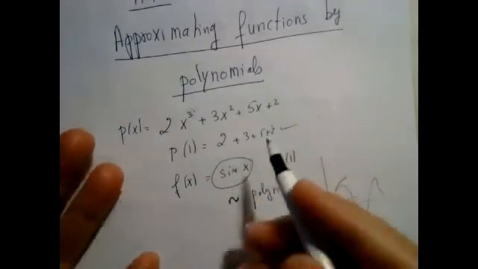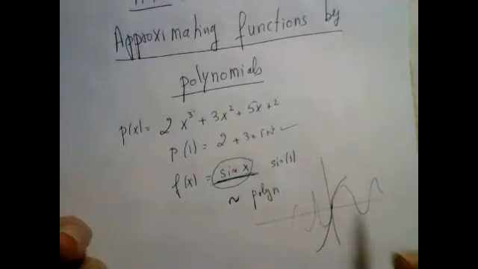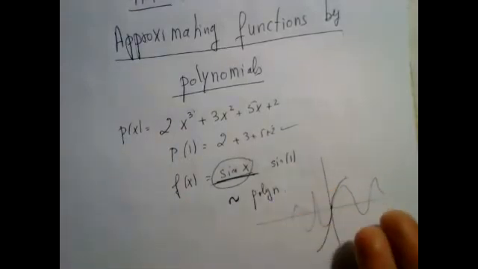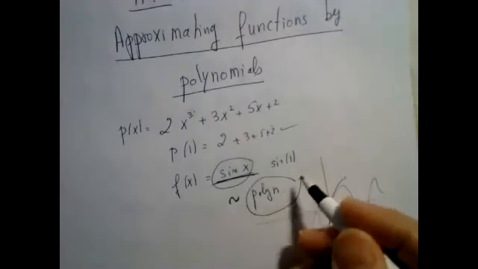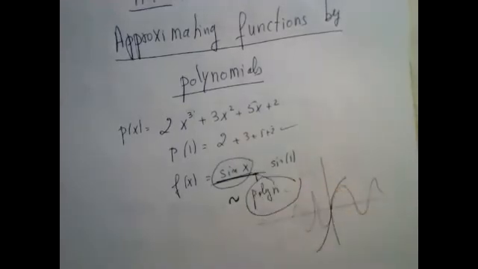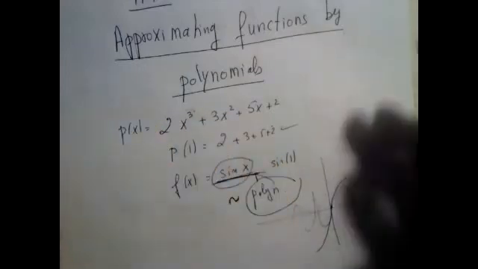Even physicists do that a lot: instead of working with the sine, which is a very complicated function, we do an approximation of it by a polynomial and work with the polynomial instead. That's the idea of approximating a function by a polynomial. Then we're going to relate this idea to the notion of series, which is coming later on. But first, we're going to work on approximating those functions.